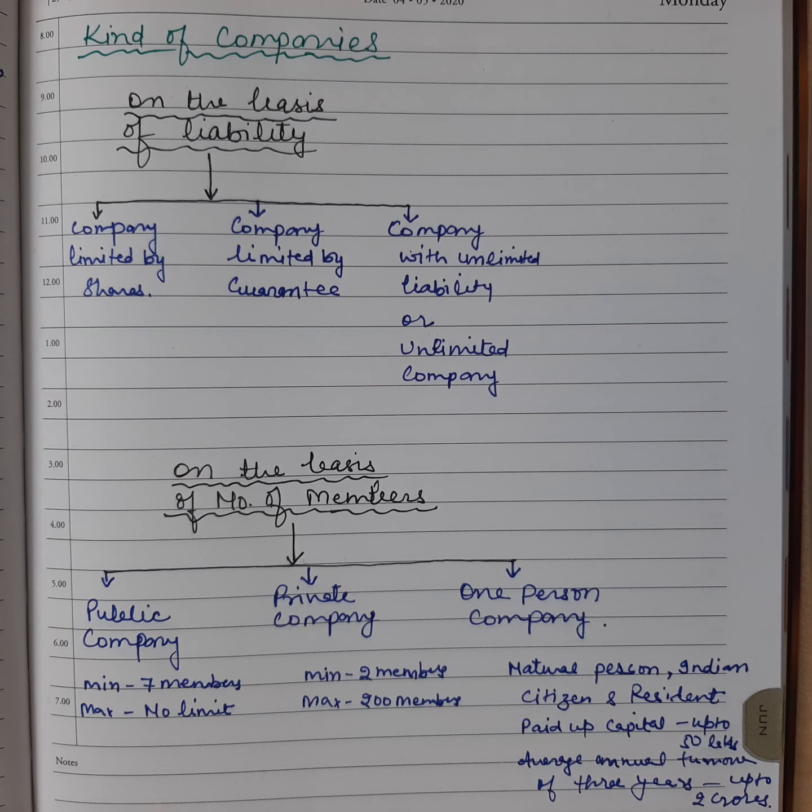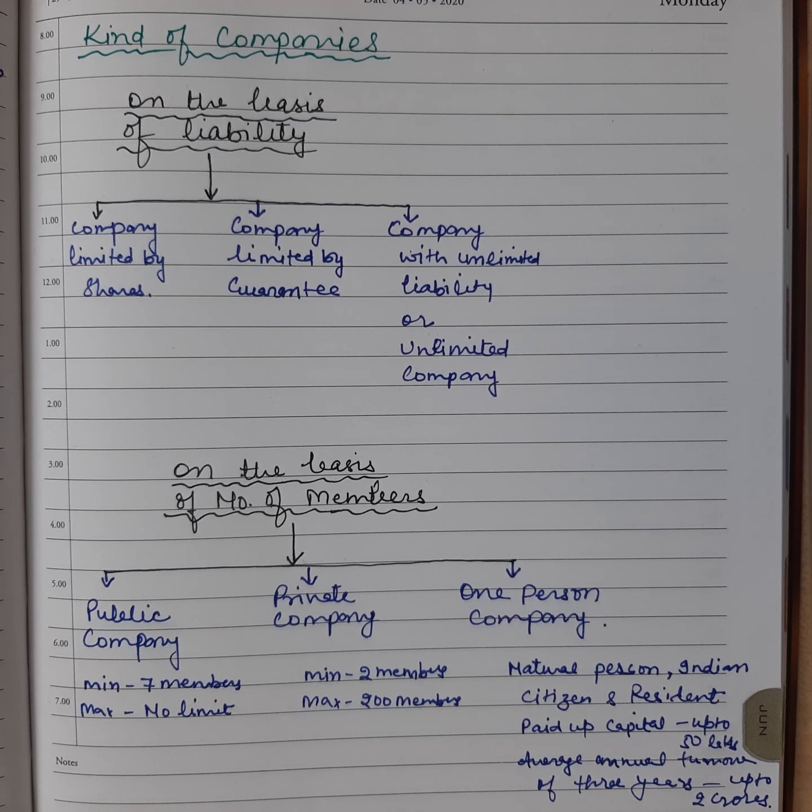Companies with unlimited liability, or unlimited companies, are companies in which there is no limitation on the liability of a member. A company with unlimited liability can have share capital or may not have share capital, but the liability of the member is unlimited.